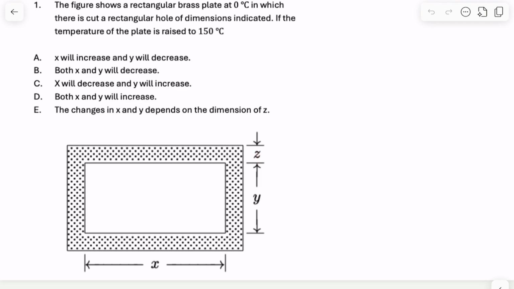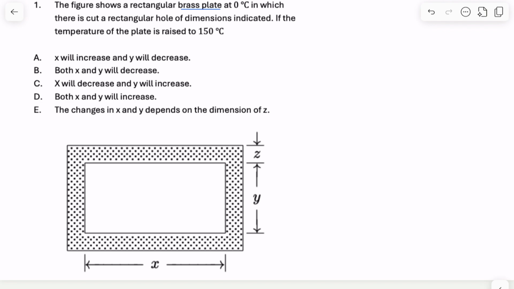Now if the temperature is raised to 150 degrees, so there is an increase in the temperature, which of these statements will be true? One of the things that you have to consider is this is a brass plate, and brass is a metal, as you know, right?